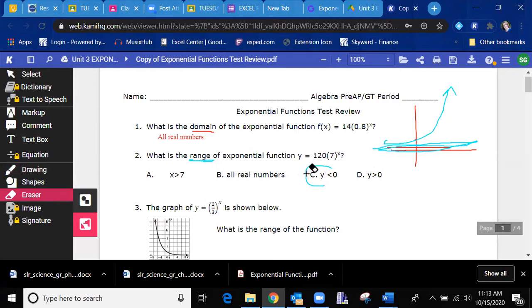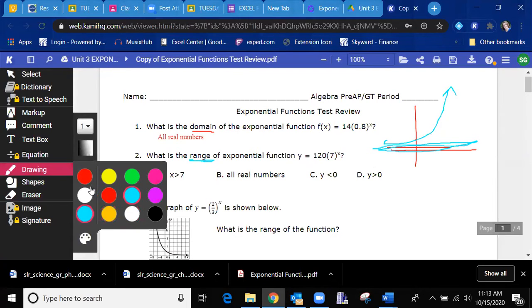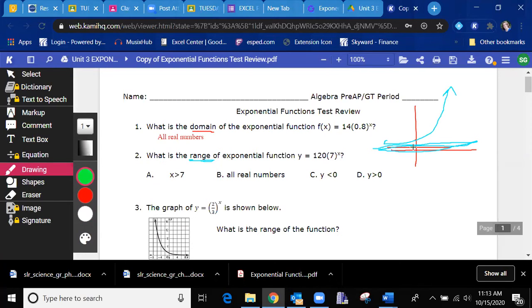From that 0 point, from here, we see it going up. And so that is greater. From the 0, this is the 0 point, it's not going down. So this one is greater than or equal to 0.